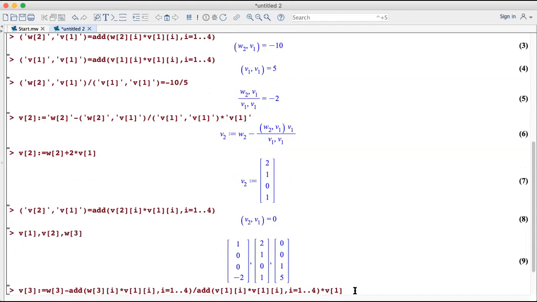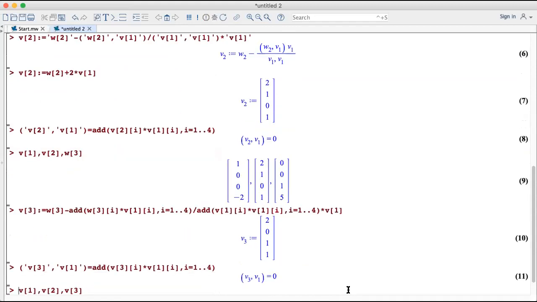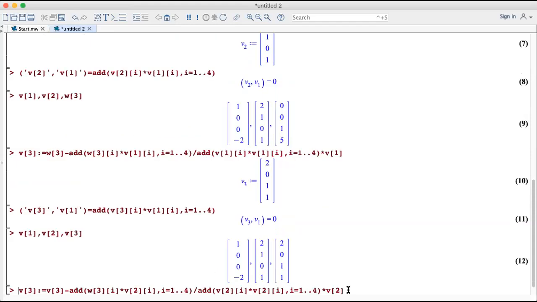Yeah, so here we go. This is V3, the new V3. And if I now take the inner product with V1, V2, and V3, these are all new now. V1 was the original W1, V2 is the modified W2, and V3 is the modified W3.